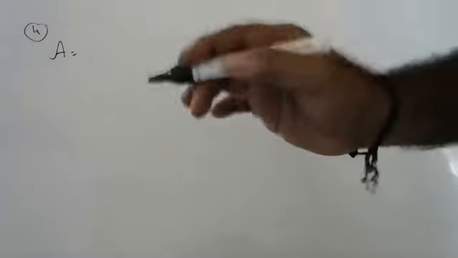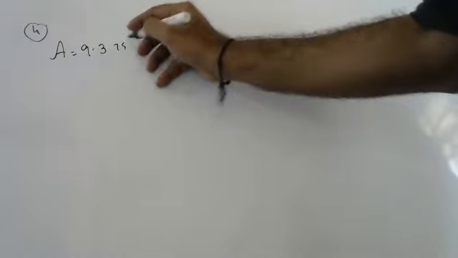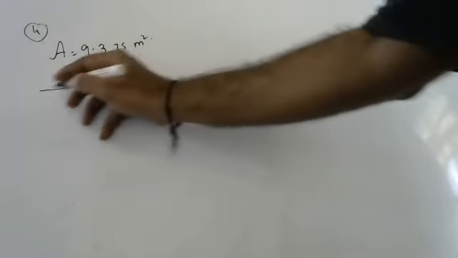Fourth sum. Okay, children, fourth sum. The paint in a certain container is sufficient to paint 9.375 meters square. How many bricks can be painted with this paint? What is a brick?